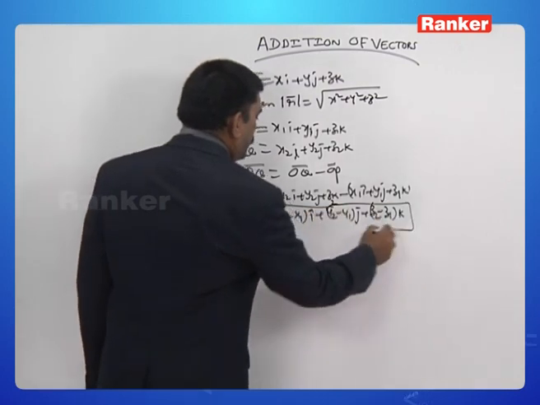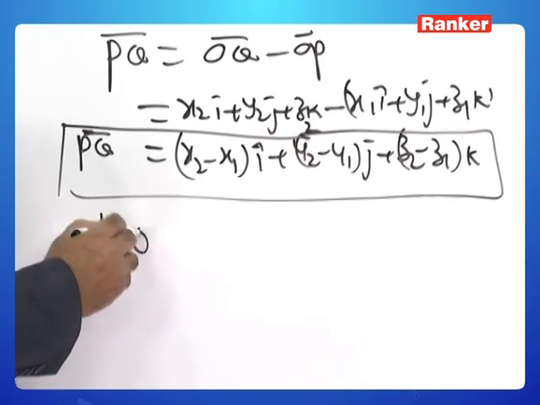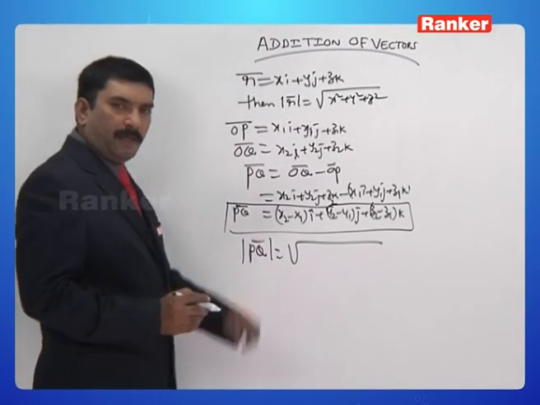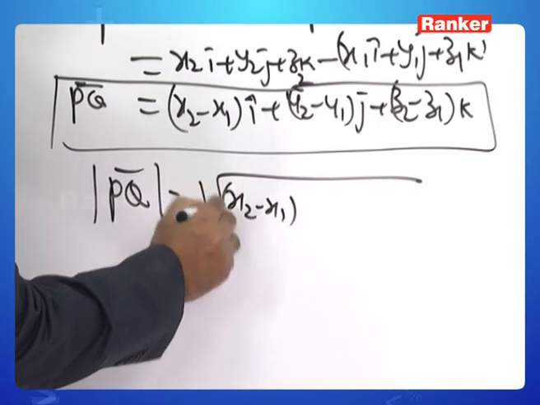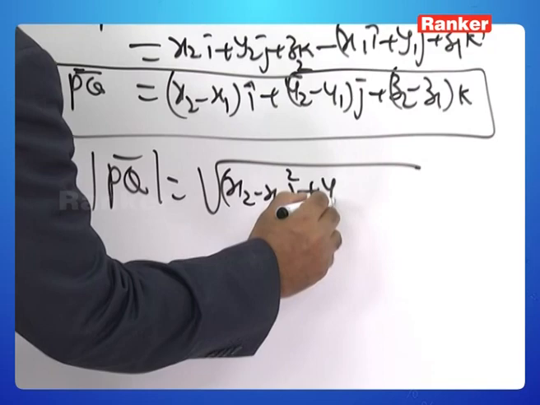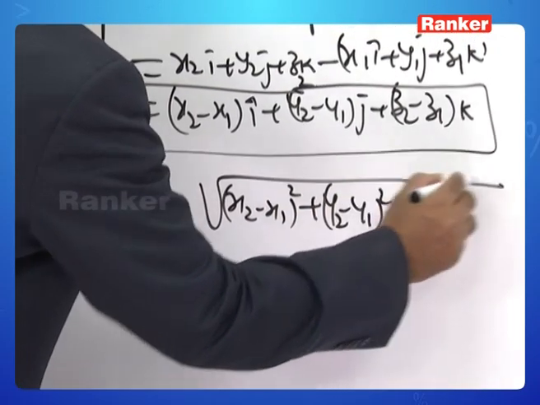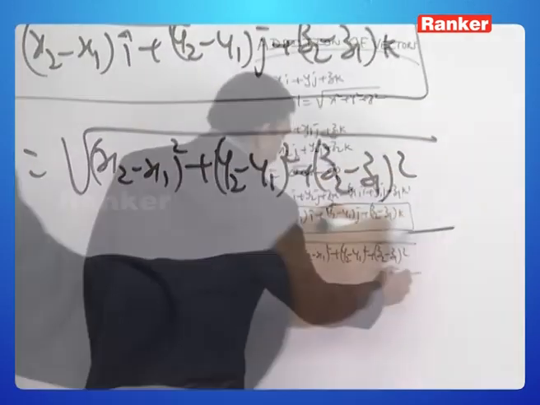When this is PQ bar, what is the modulus of PQ bar? The modulus of PQ bar can be written as x2 minus x1 whole square plus y2 minus y1 whole square plus z2 minus z1 whole square.